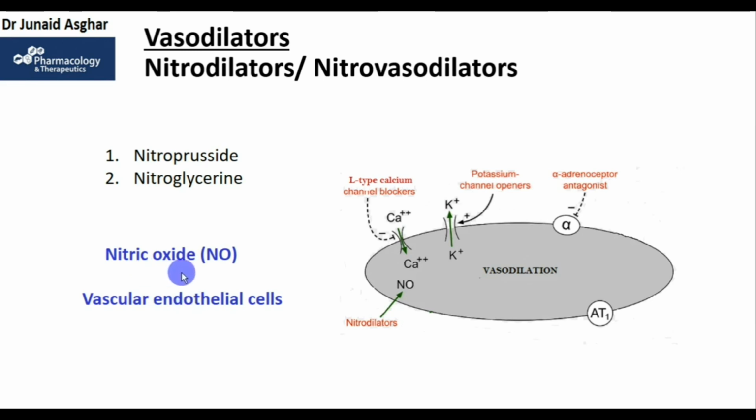Now, this nitric oxide is also present endogenously in the body. Now, these nitrodilator drugs basically mimic the effects of this endogenous NO. Now, these nitrodilators act directly on the blood vessels and release NO into the cell and produce vasodilation.